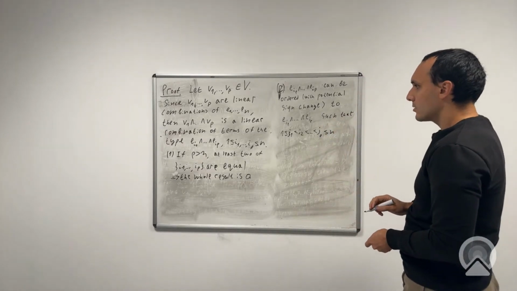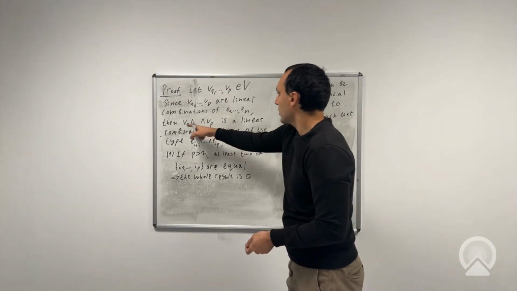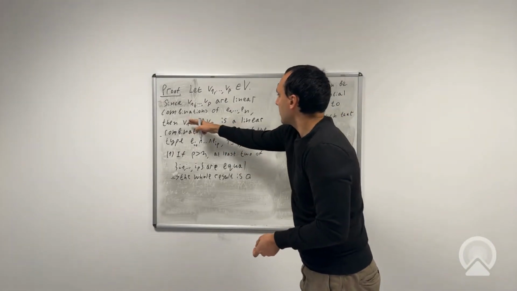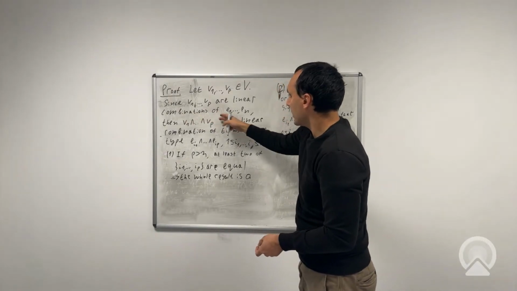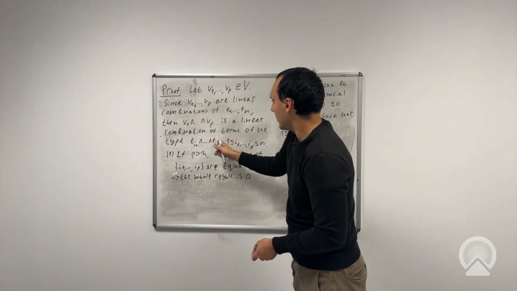And so we see that any element of this type is a linear combination of elements of this type.